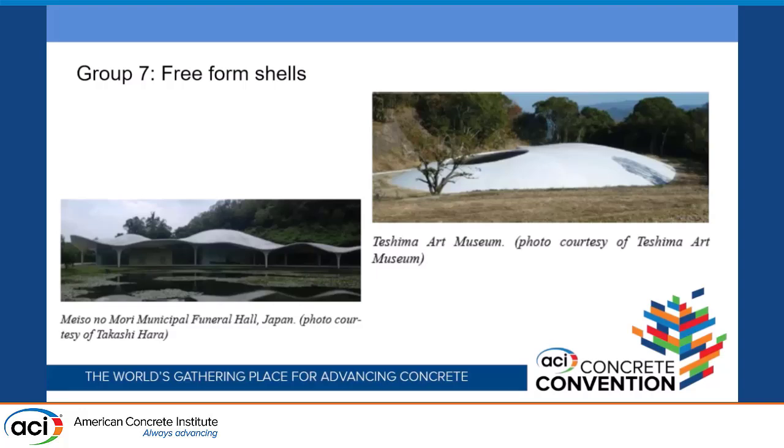But they're cool in that we have the technology to be able to do these. These are both happening in Japan, and one's a museum, one's a funeral home. And so a difficult thing about these is that you have to describe and have the geometry nailed down to be able to analyze and construct them.